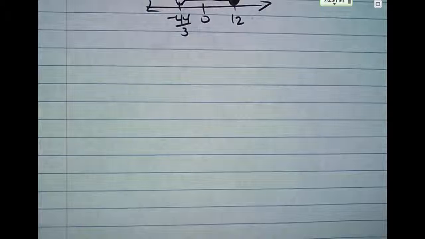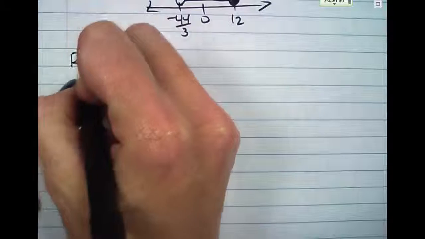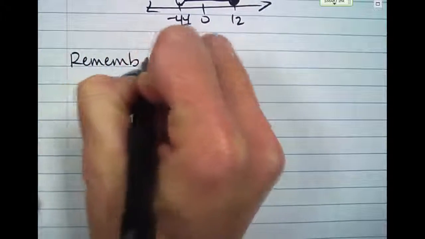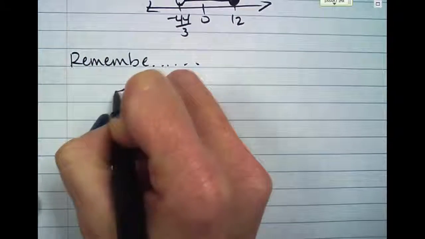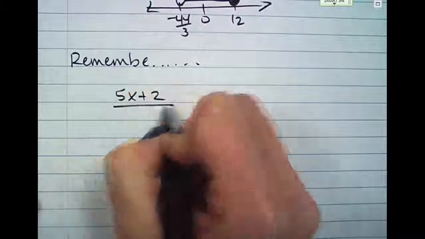I'm going to do a problem, and it's more of a, hey, remember this, okay? Because there's going to be some on your practice. It's kind of the same thing that we're doing.